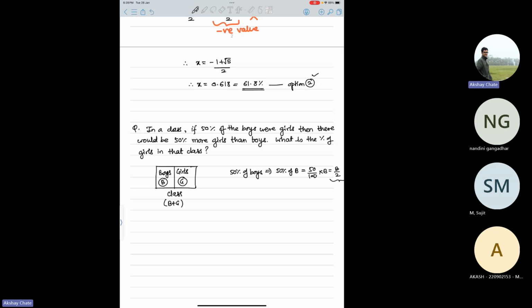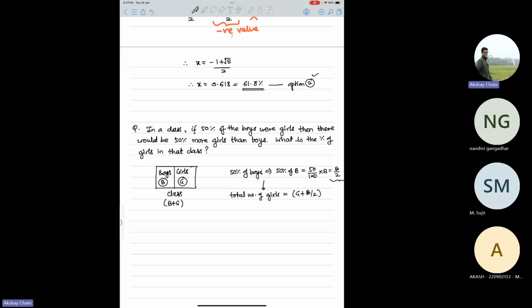So if these B by 2 boys are added to the girls side, then the total number of girls would be G plus B by 2. These are the 50 percentage of the boys that are shifted to the girls side, and this total number of girls would be 50% more than the boys.